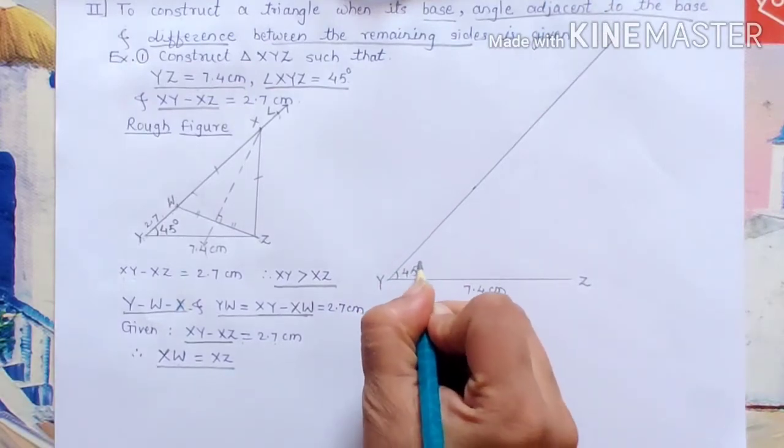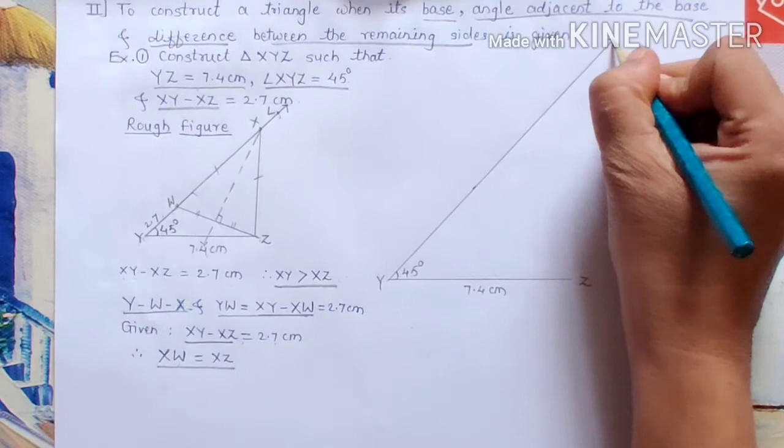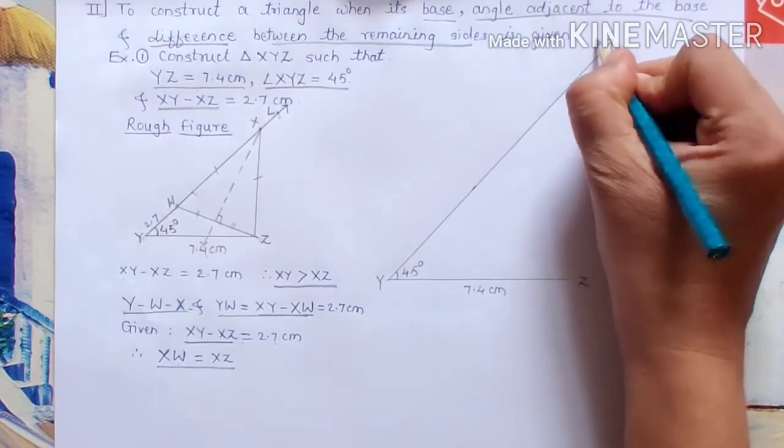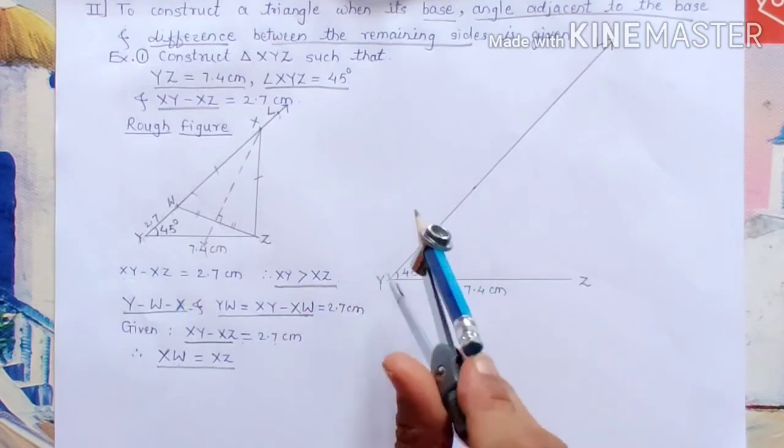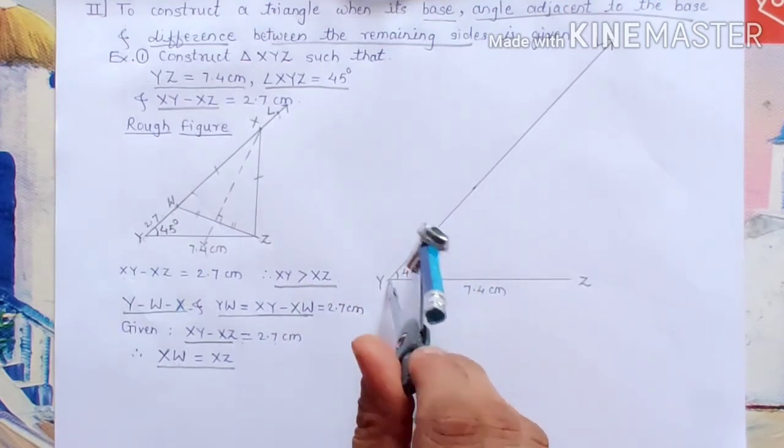This is the angle of 45 degree. This is ray YL. Now we will take 2.7 centimeter radius in our compass and locate the point from Y on this ray YL.